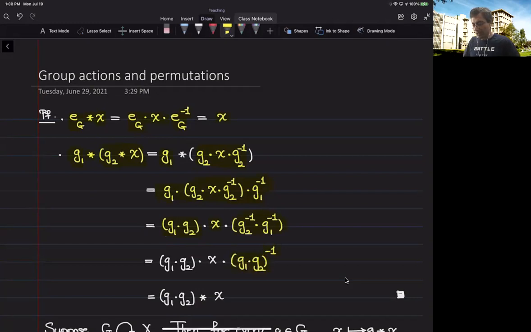So that means I'm conjugating X by G1 G2. And that is how G1 G2 acts on X. So we get the desired equality that when G2 acts on X and then G1 acts on it is the same as G1 times G2 acts on X. So therefore, it is indeed a group action.